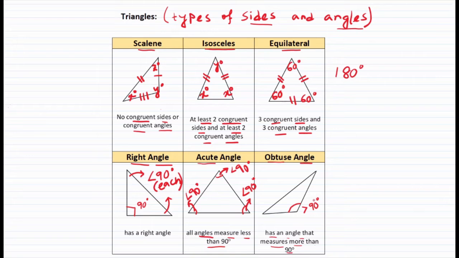And to keep the sum of the measures of the interior angles of this triangle at 180 degrees, this angle and this angle, each of them are going to be less than 90 degrees. So this is less than 90 degrees. This is also less than 90 degrees.